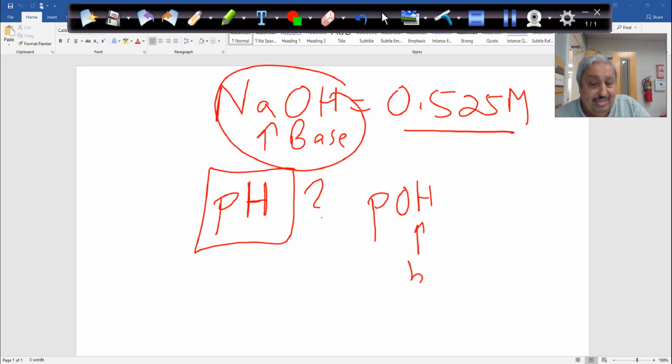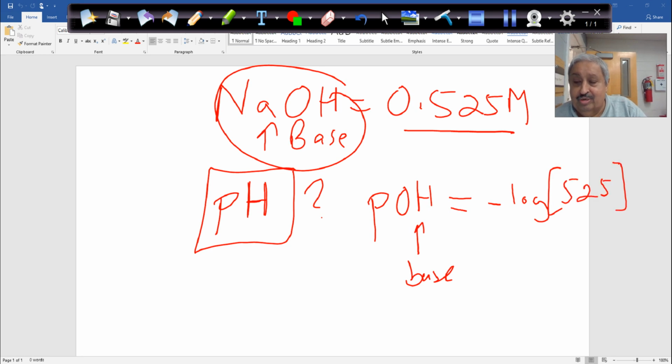So I'm determining the pOH of this, minus log 525 molar. So how much is this? It came out to be 0.279, correct?